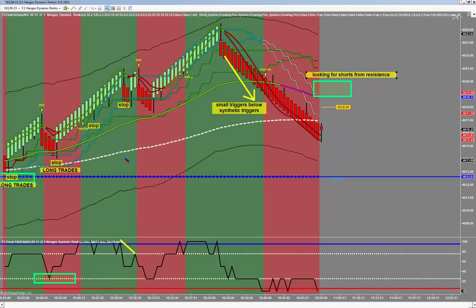So, going back and adding up all those trades puts you probably at $500 per contract profit.